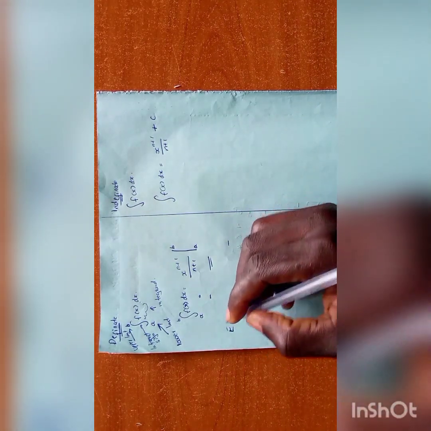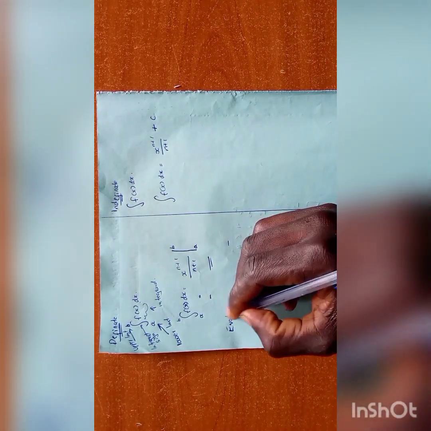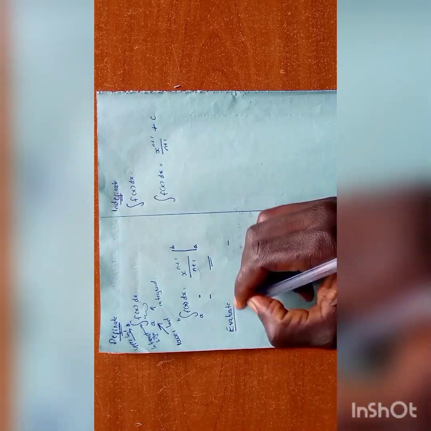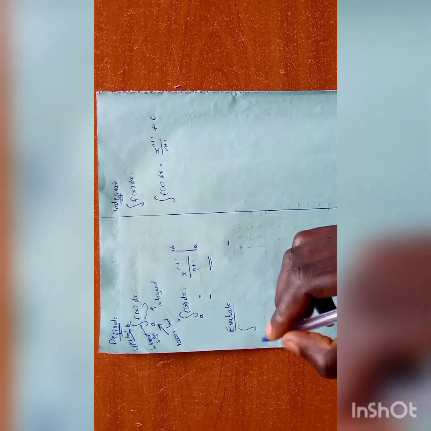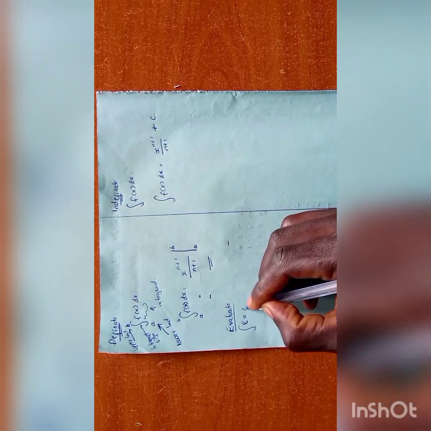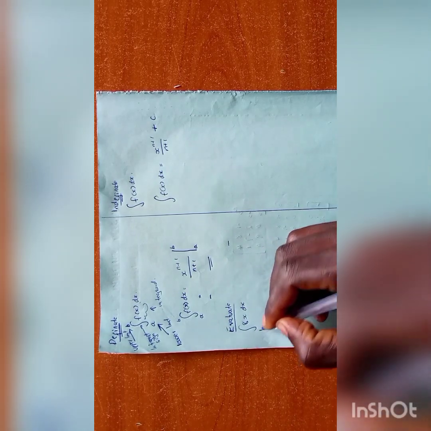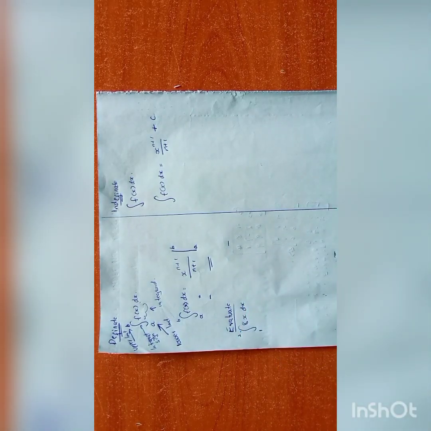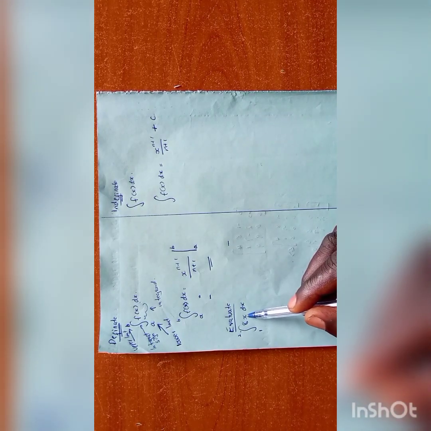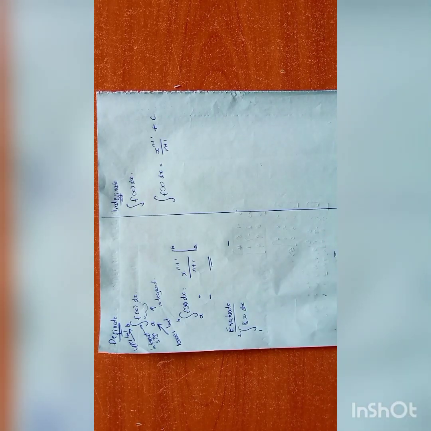For a definite integral, evaluate the integral of 8x with respect to dx from the limits 1 to 2. When you look at x here, it's raised to power 1.